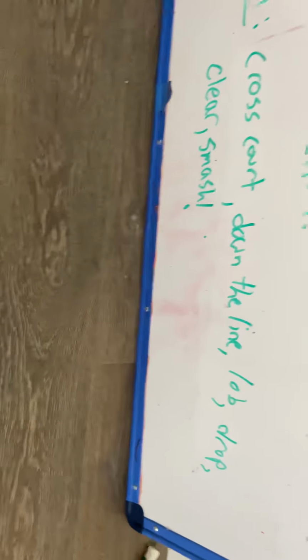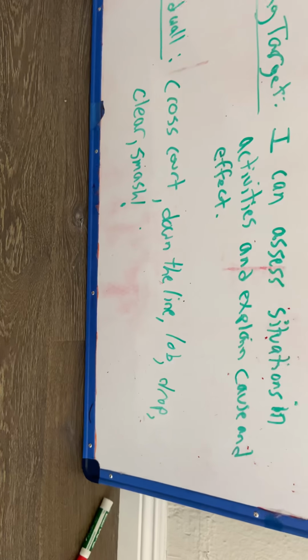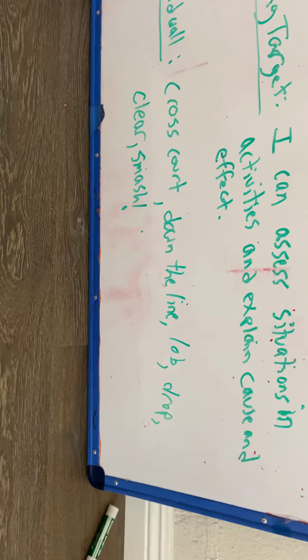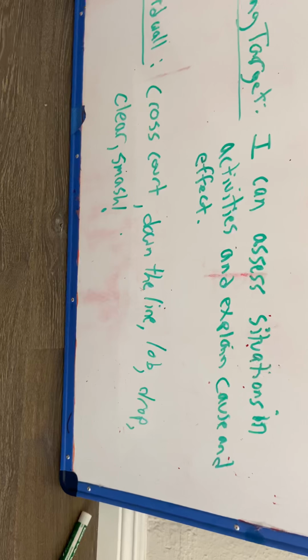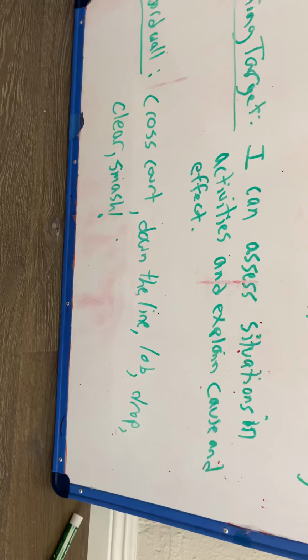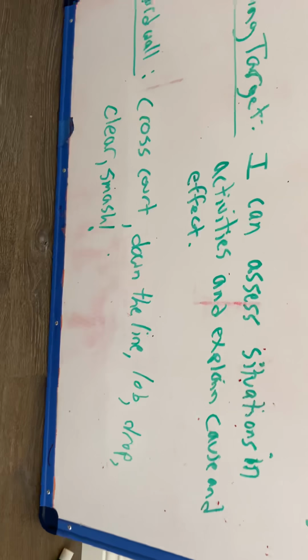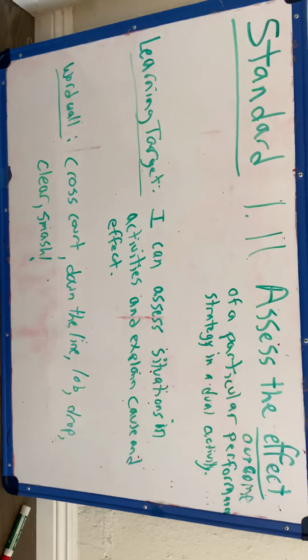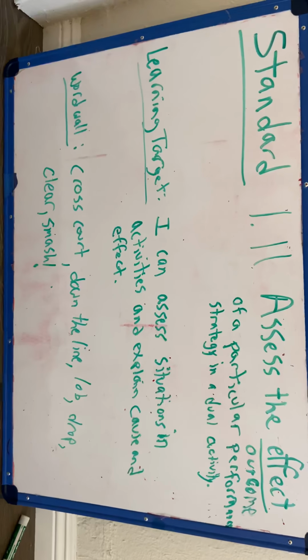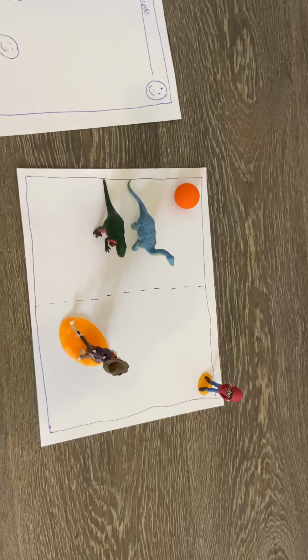Now you see I've listed other things: lob, drop, clear, smash. Whatever you're going to draw up this week is going to be one of those. If you can find another play, you're more than welcome to. But just like last week, you're either going to draw or use little action figures to take a photo of a play.